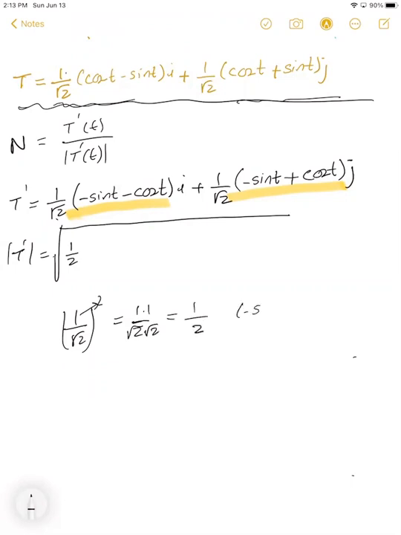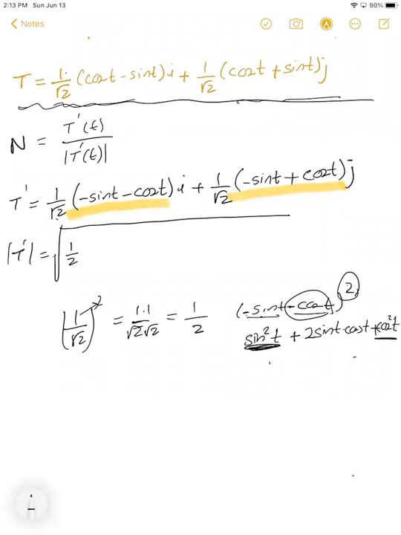We also have to raise minus sine t minus cosine t to the power 2. So negative sine to the power 2 is sine squared. I have to multiply 2 by negative sine by negative cosine, which is positive, because negative times negative is positive, so 2 sine cosine. Minus cosine to the power 2 is also cosine squared of t. But sine squared plus cosine squared is 1, so that's 1 plus 2 sine t cosine t.